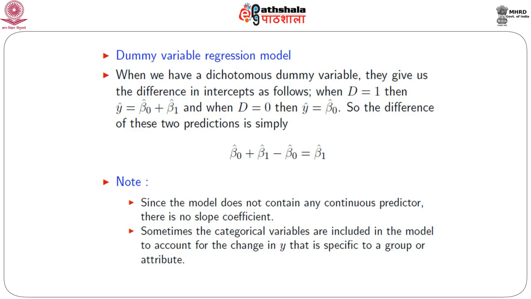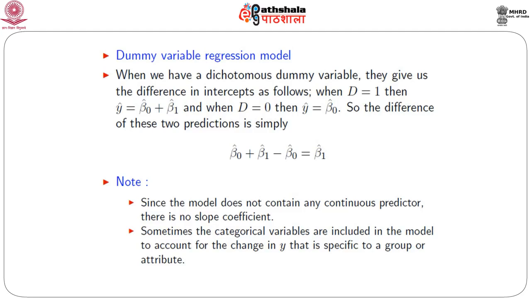After we plug in the values, for male, since the categorical variable takes value 1, we replace x2 by 1. So now we have a model which gives us an intercept of beta naught plus beta 2, plus beta 1 times x1.